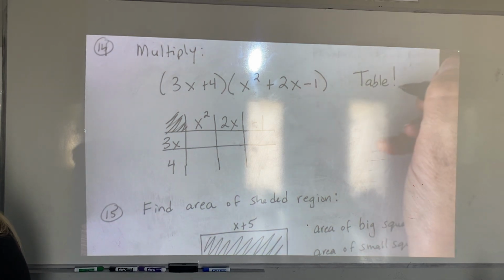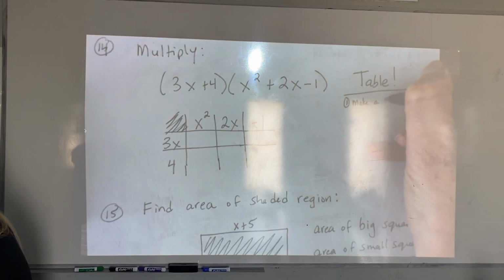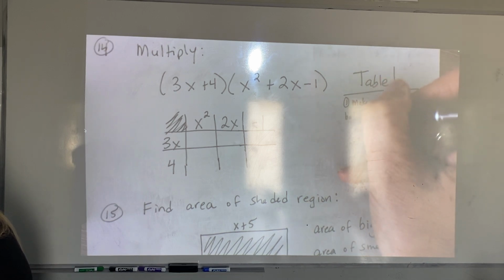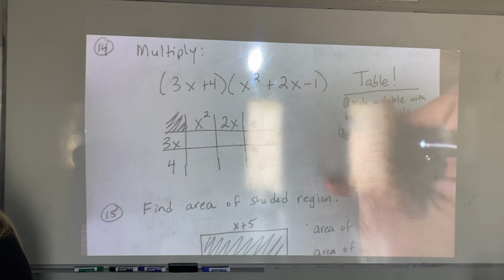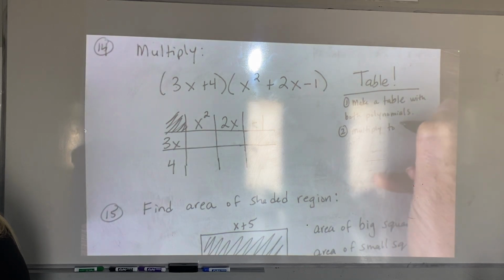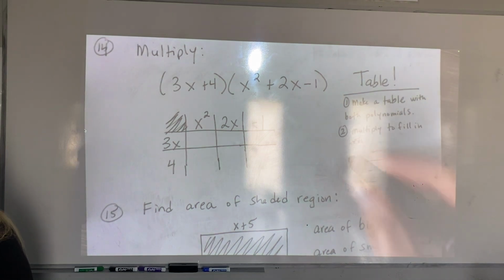So step 1 is the table. Make a table with both polynomials. Step 2 will be multiply to fill in empty boxes.